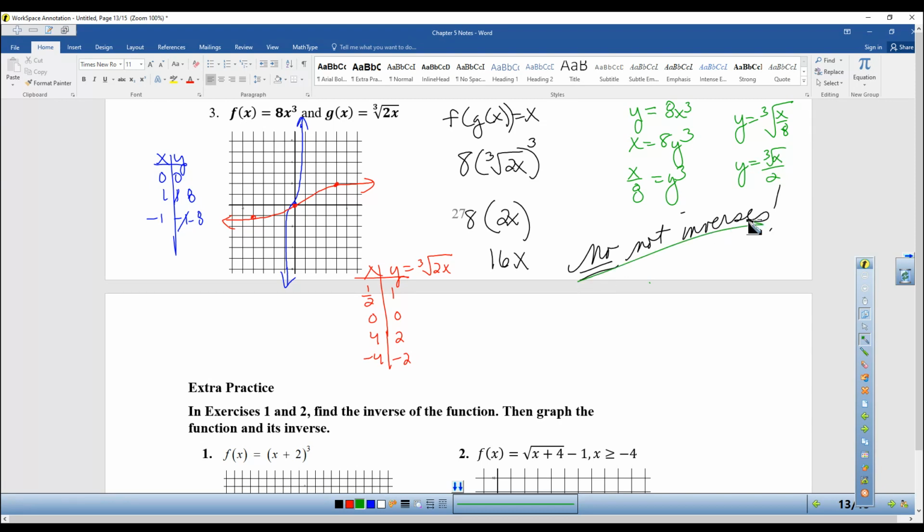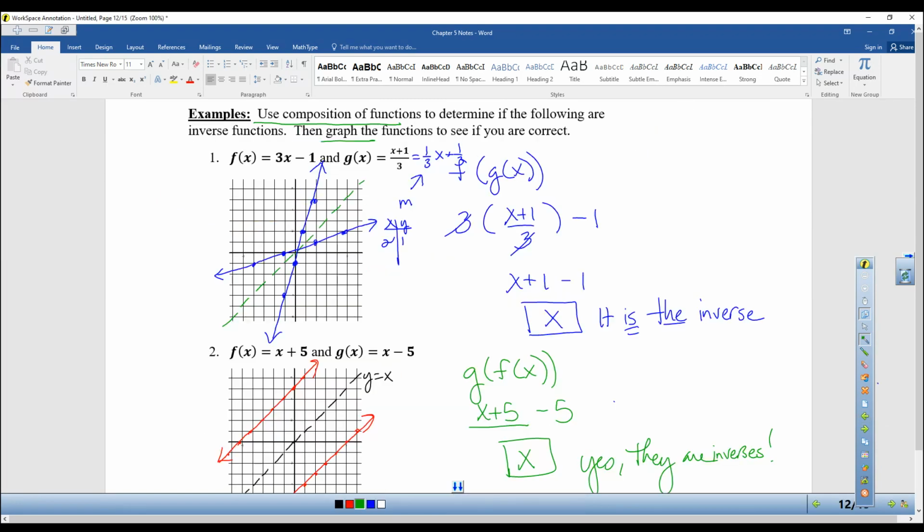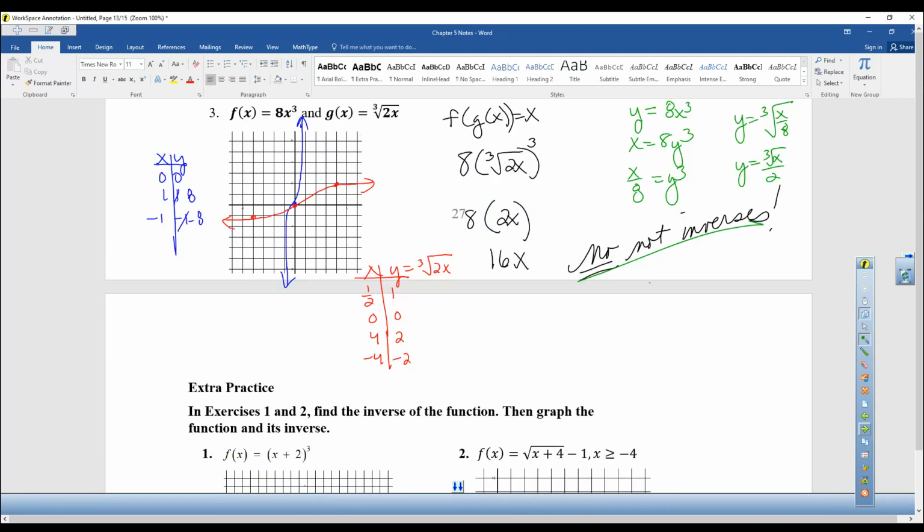And then they'll say, no, they're not inverses. That does show that they're not inverses. But if I specifically say use composition of functions, then you have to actually use composition of functions to show it. Do not do it by actually finding the inverse and seeing if you get the right answer. Just a little side note there.